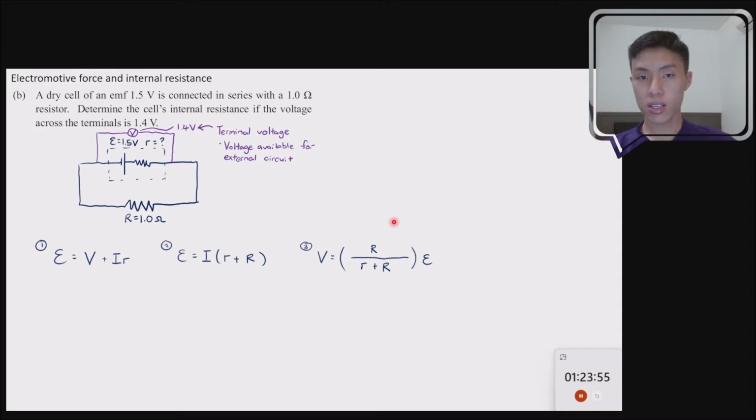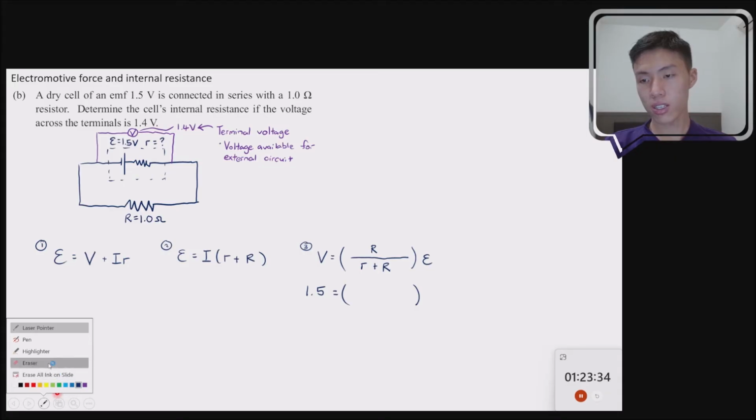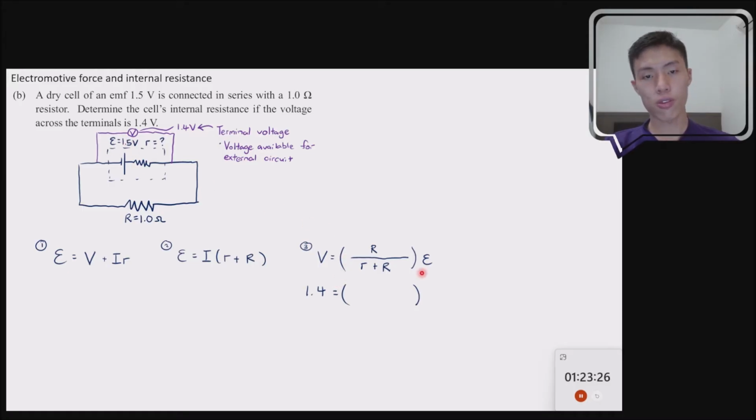For this particular situation, we have all the information to use this third equation using the concept of potential divider. The terminal voltage is 1.4, available for the external circuit, and it's actually a portion of the 1.5 volt that is being shared across r and R. So 1.5 is being shared between the internal resistance and the resistance outside the battery.